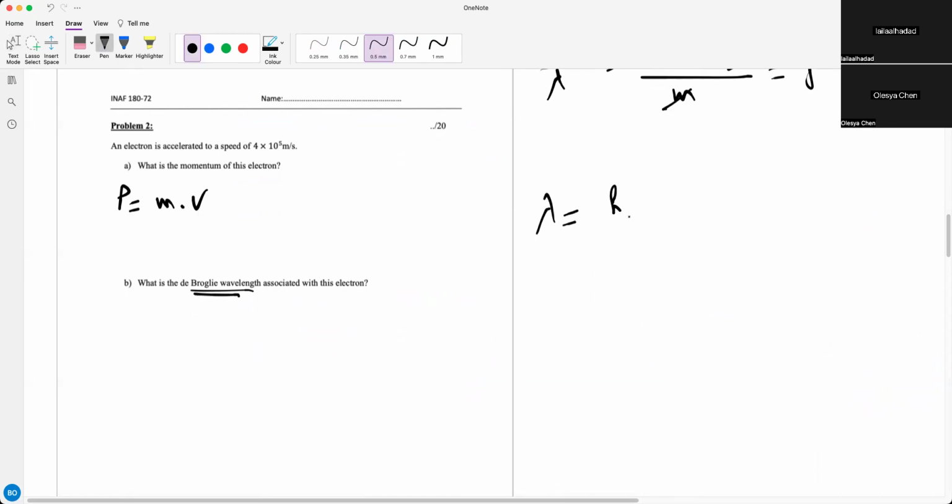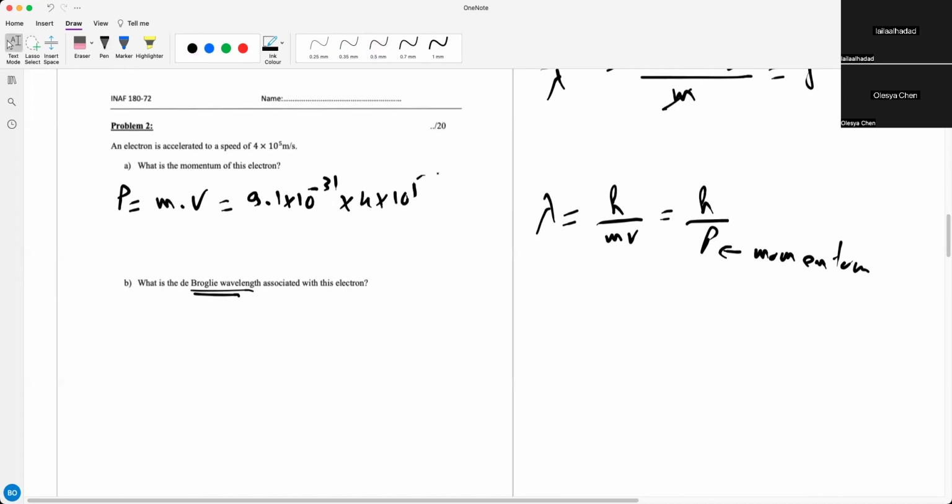Lambda is equal to h over mv, or also h over the momentum. That's why I asked the momentum. So the momentum here, I know that the electron's mass is 9.1 10 to the minus 31 times the velocity that I'm giving, 10 to the power of 5.